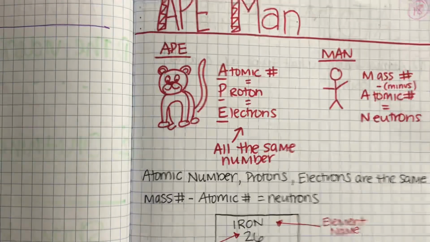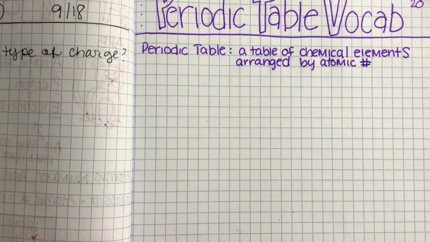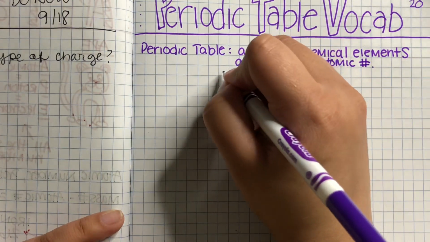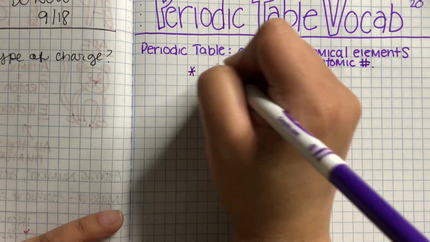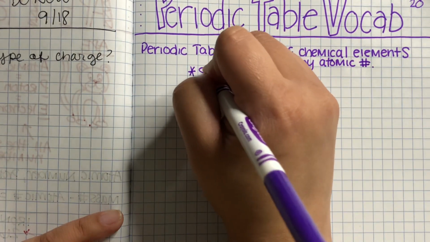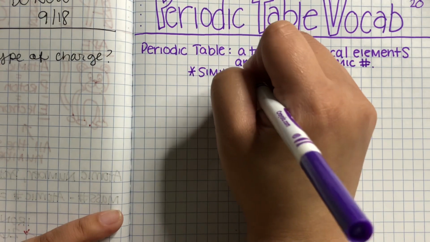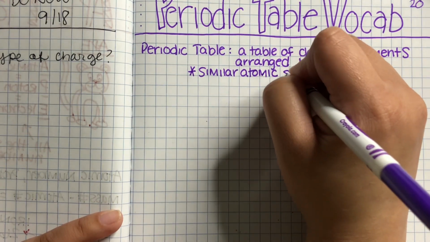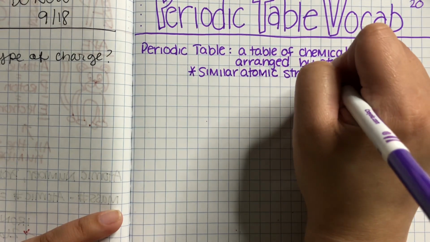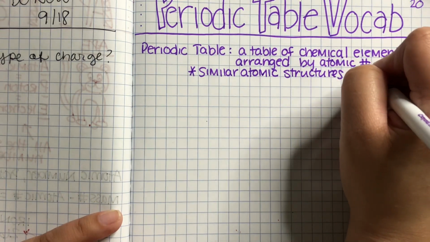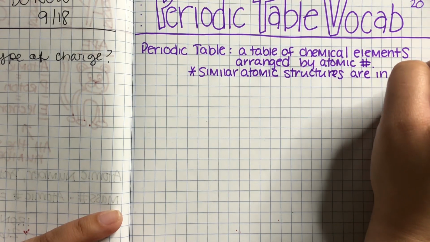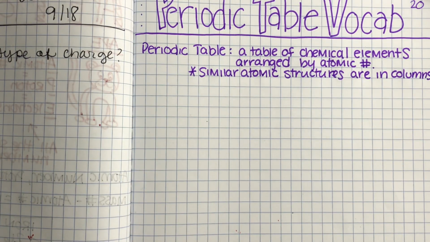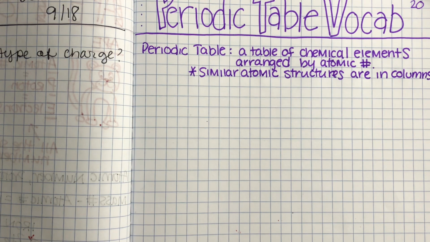That's that number up here. All right, and a key thing to remember here is similar atomic structures are in columns. Okay, so that is our first word.